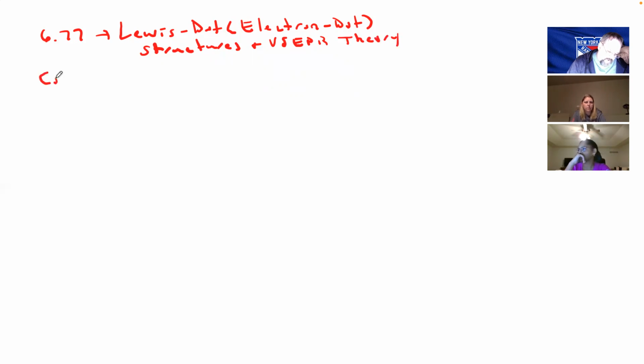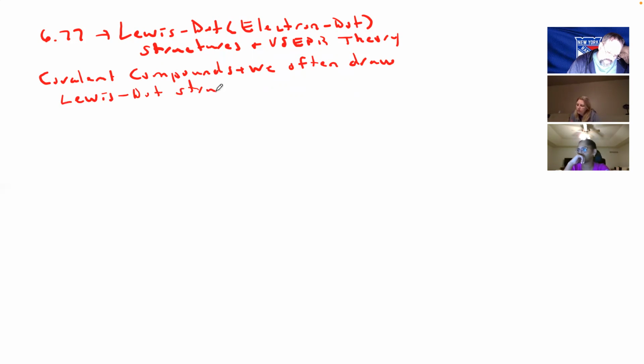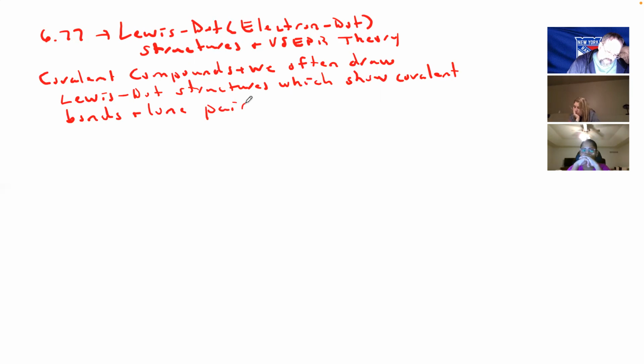So first off, with covalent compounds, we often draw what are known as Lewis dot structures, which show covalent bonds and what are known as lone pairs of electrons.